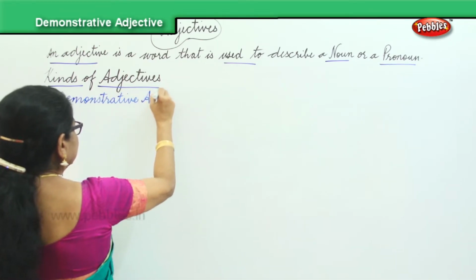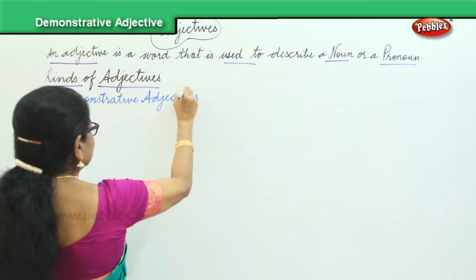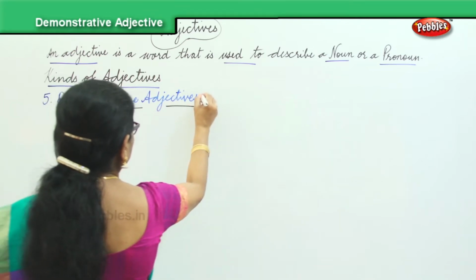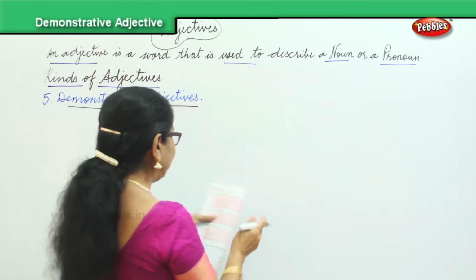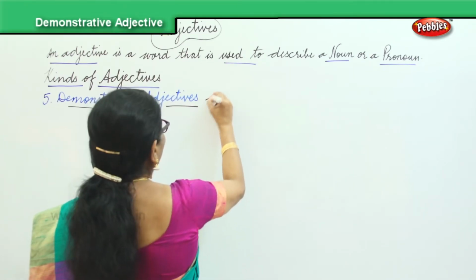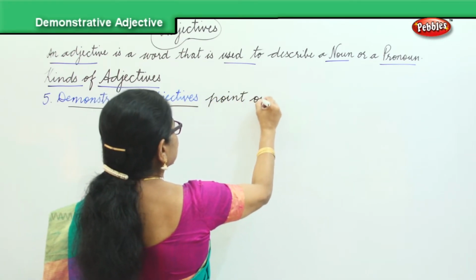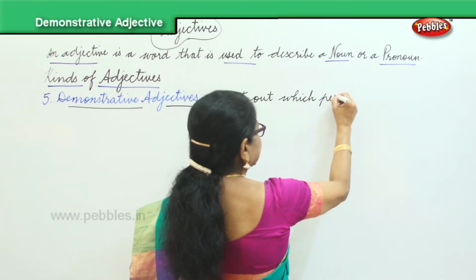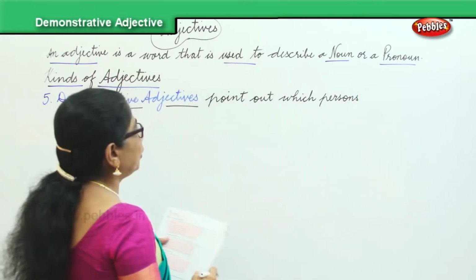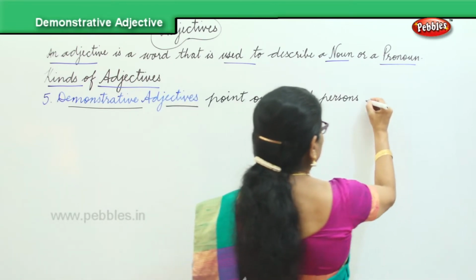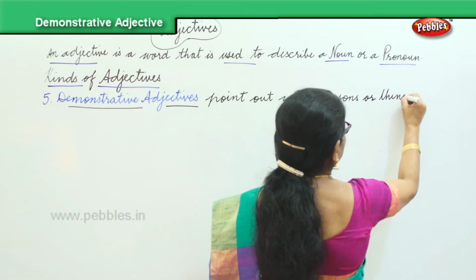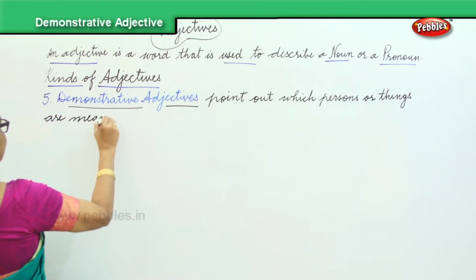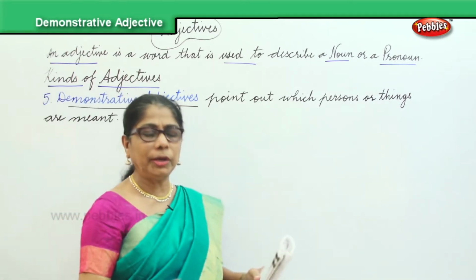Demonstrative adjectives point out which persons or things are meant.